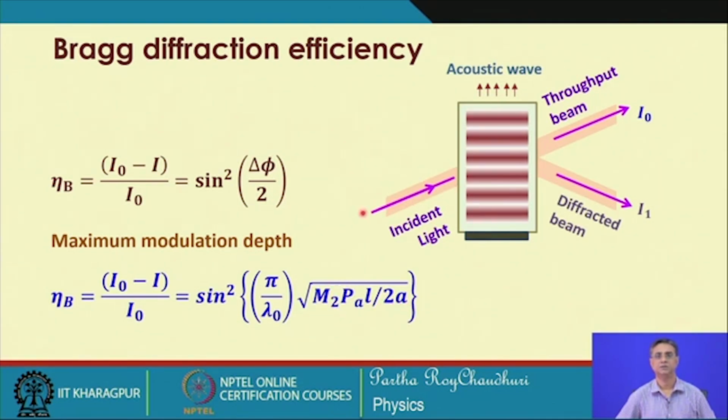So, basically we are looking for the deflection of an optical beam by this modulator. We will first look at the relationship between the deflected beam and the incident beam.